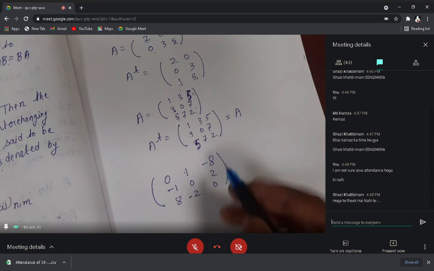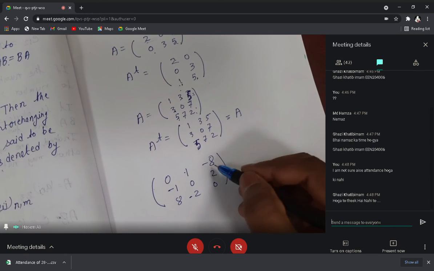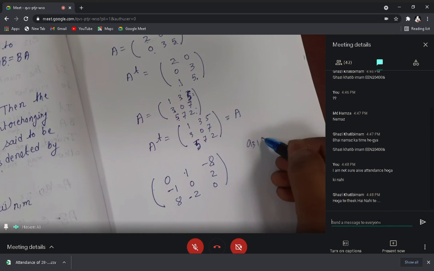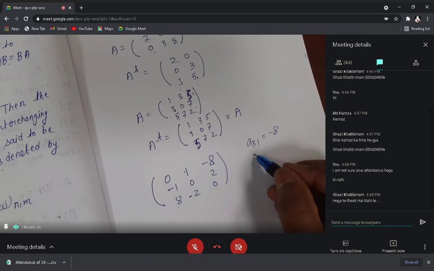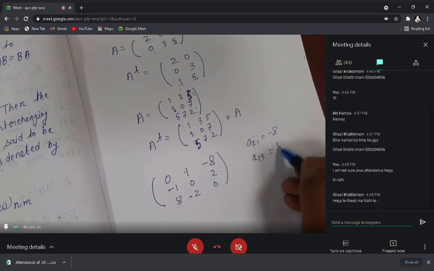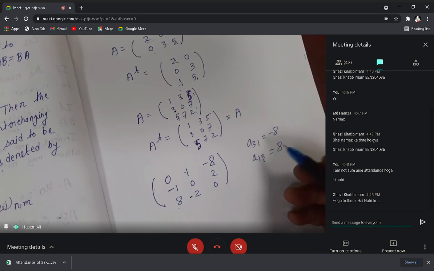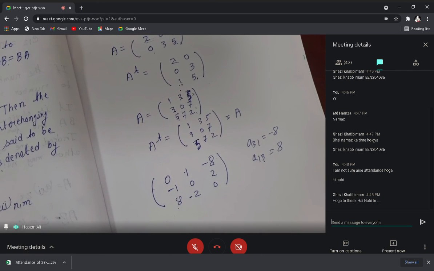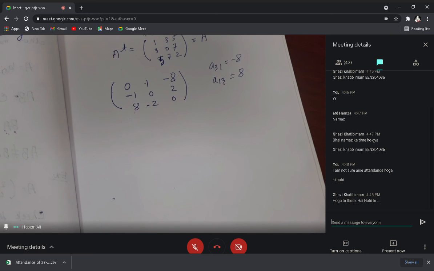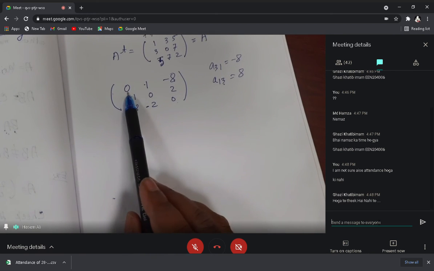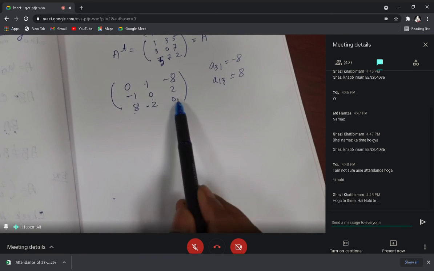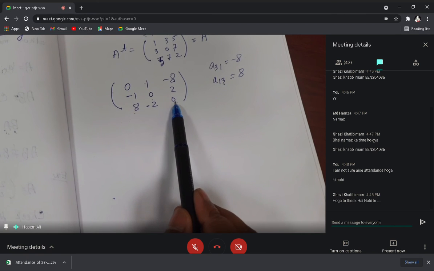See here, this is A21, this is A31, A31 is minus 8, and what is here A13? A13 is 8. So A13 equals minus A31. And the first condition is that all the diagonal elements, that means A11, A22, A33, must be equal to 0.